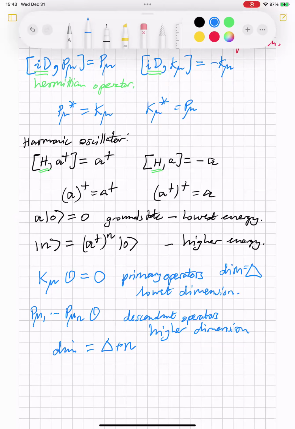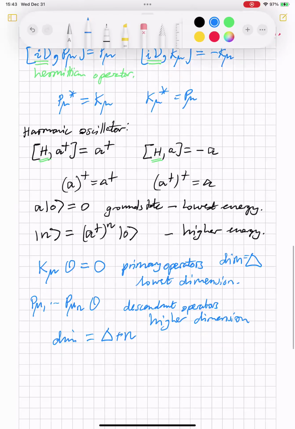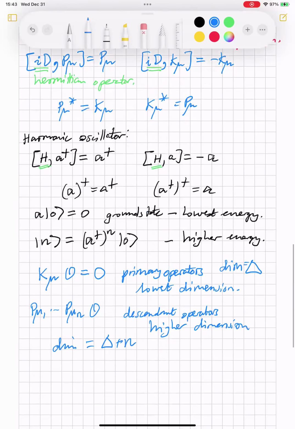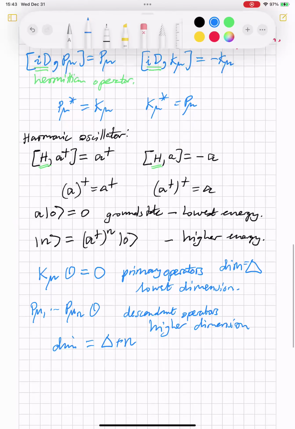So if I've got two different primaries, there's no conformal transformation that will mix them. And if I've got descendants of different primaries, there's no conformal transformation that can mix them. So what a conformal transformation can do, it can mix different descendants of a certain primary. It can mix the primary with its descendants. So that's what conformal transformations can do.